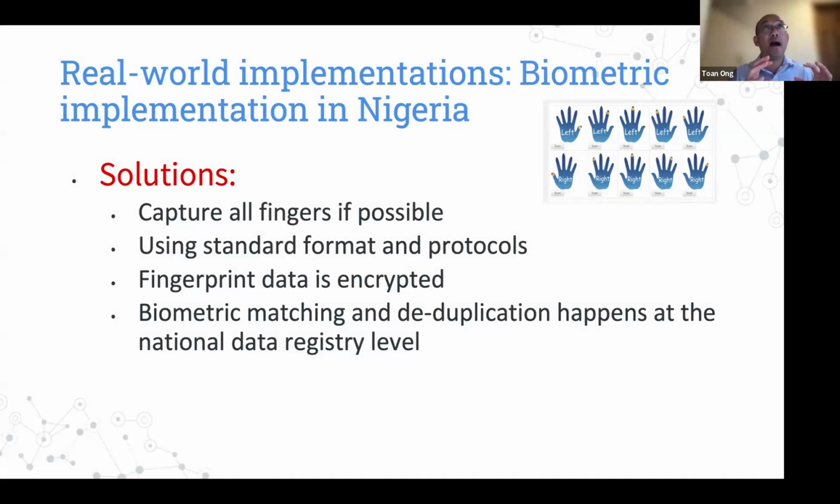The fingerprint and biometric information will be captured at the local level, but then all of the data will be transported to the national registry, where there are computing resources that can help with the matching and deduplication process.